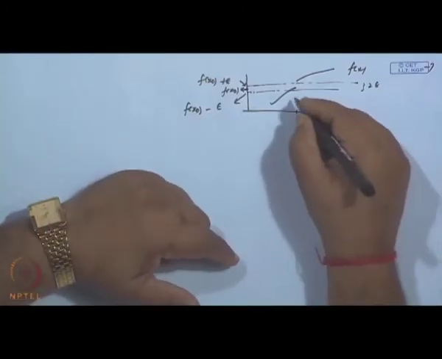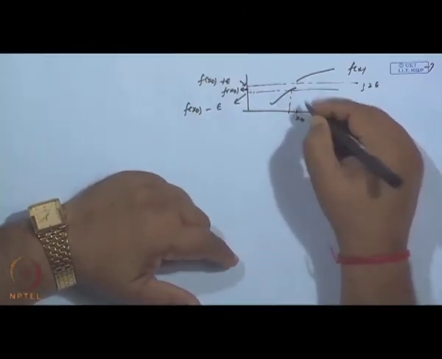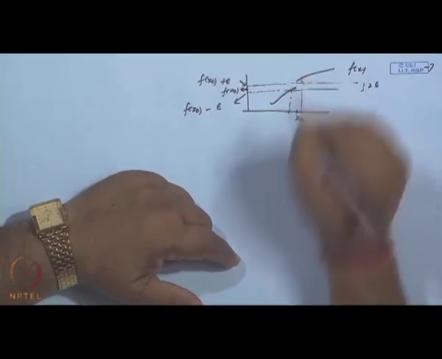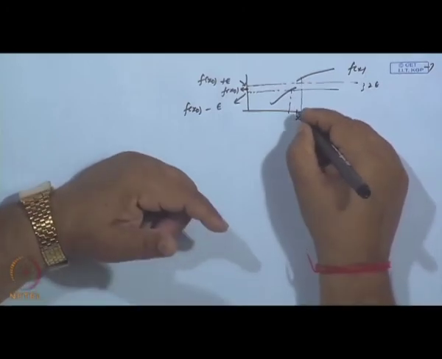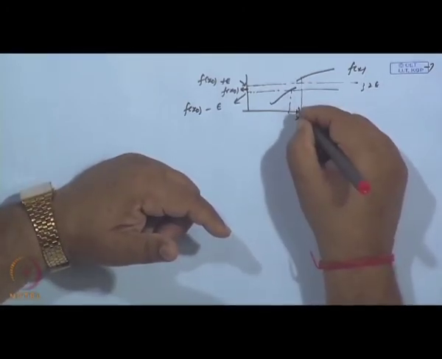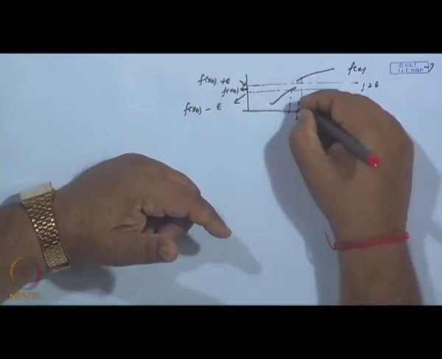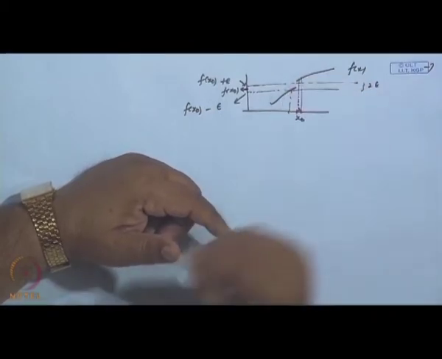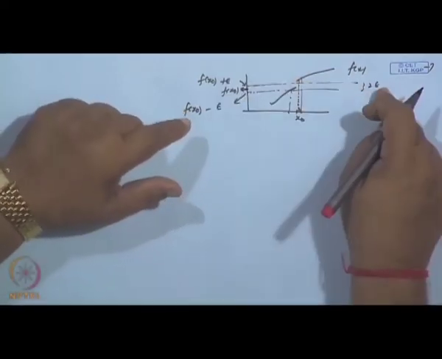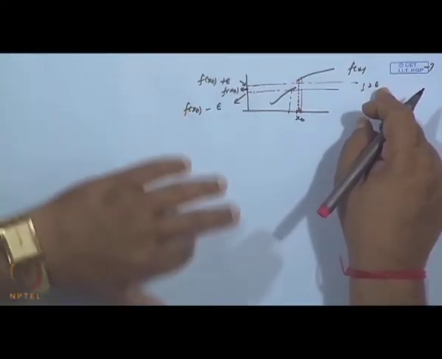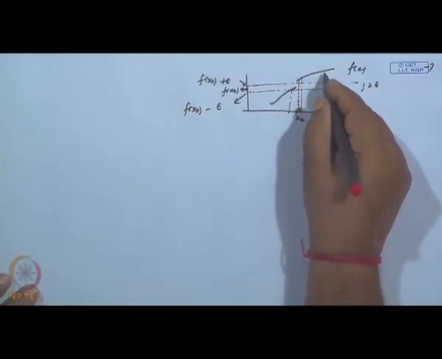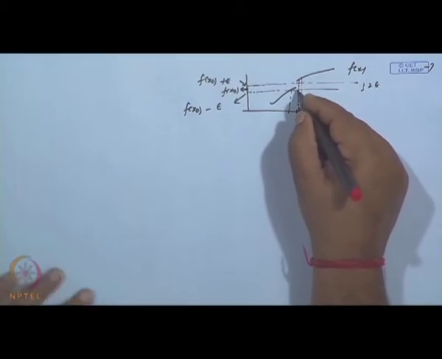But what happens if I take this neighborhood like this? As soon as you take this point here, the corresponding image of this will go here. It means the fluctuation may exceed 2 epsilon. So it cannot be made as small as we please, and this is because there is no continuity of the curve at this point x naught.